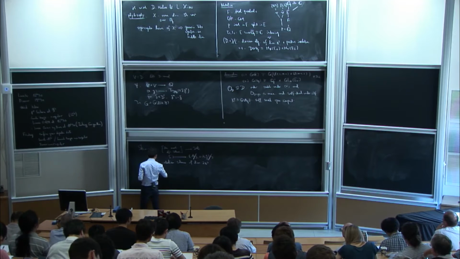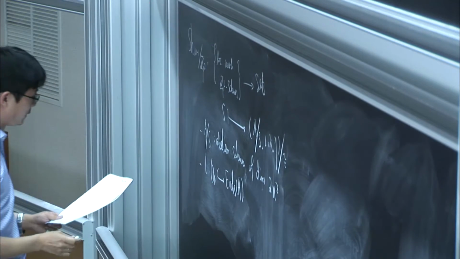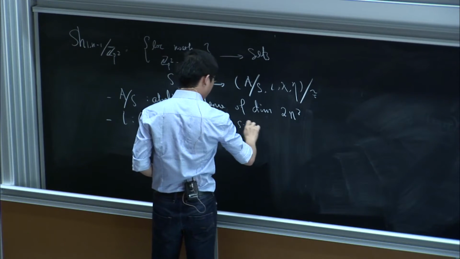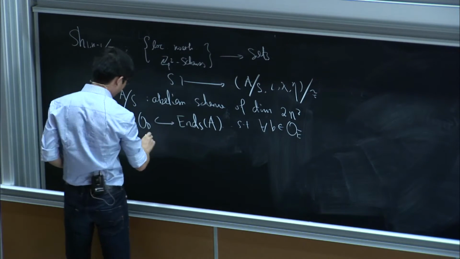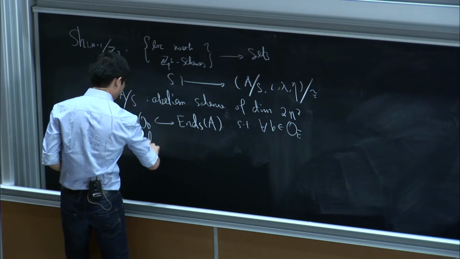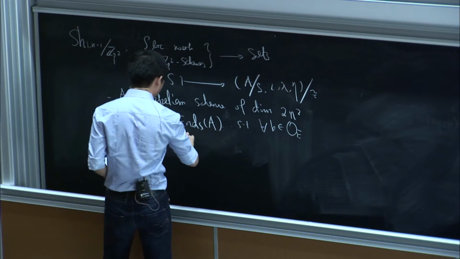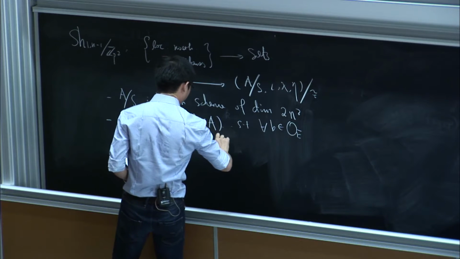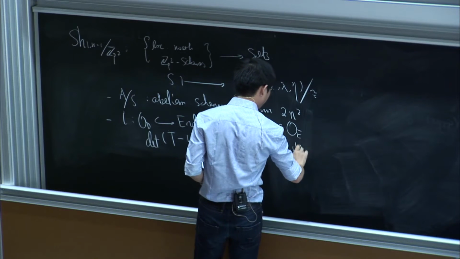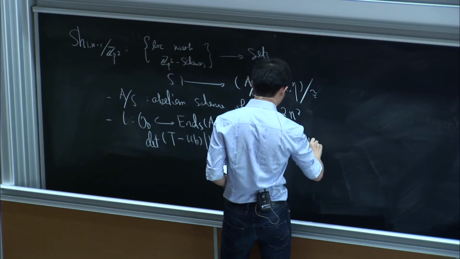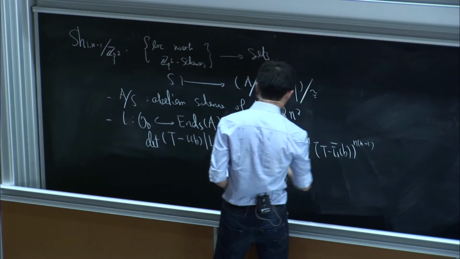And iota is an embedding from O_D to the endomorphism ring of A, such that for each b in O_E, it satisfies the Kottwitz determinant condition. So it's the determinant of, I denote the variable by T, iota(b) on the Lie algebra of A is going to be (T minus tau 1(b))^n, (T minus tau 1 bar(b))^{n(n-1)}.